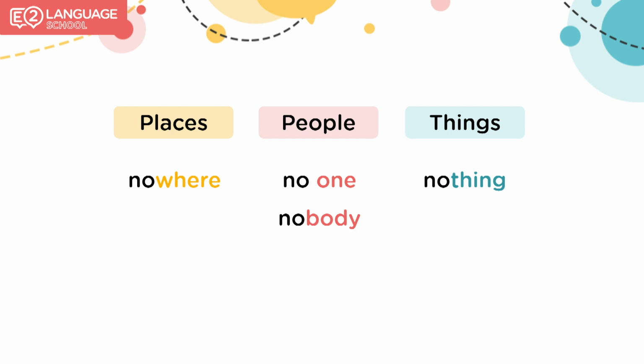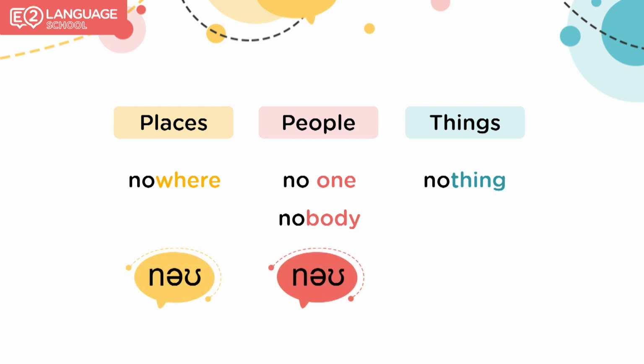Now, you may have noticed something interesting about my pronunciation. Nowhere, no one, nobody, all use no as their beginning of the word. In contrast, nothing has a different sound, nothing.